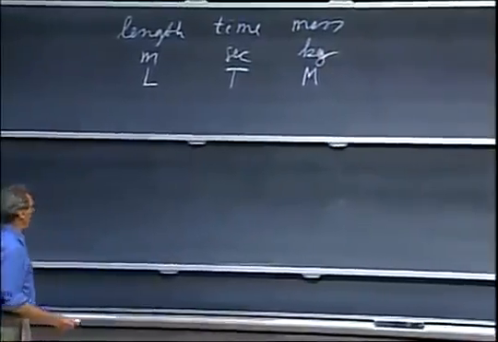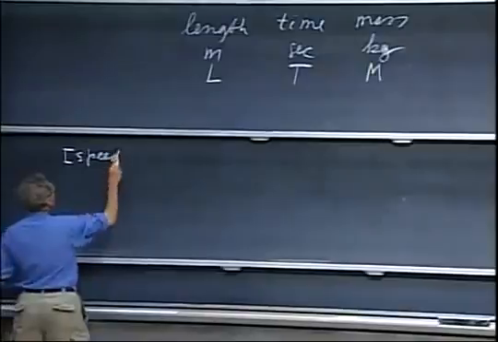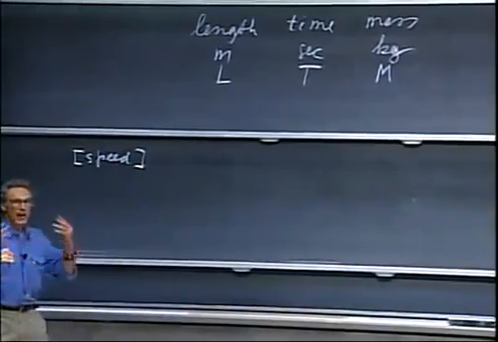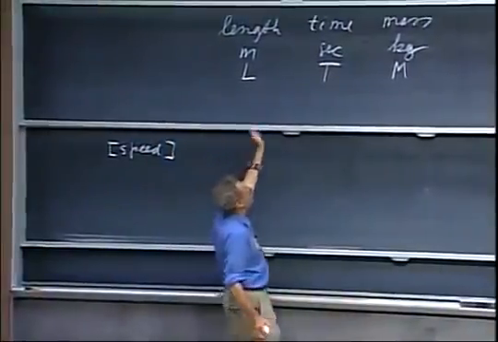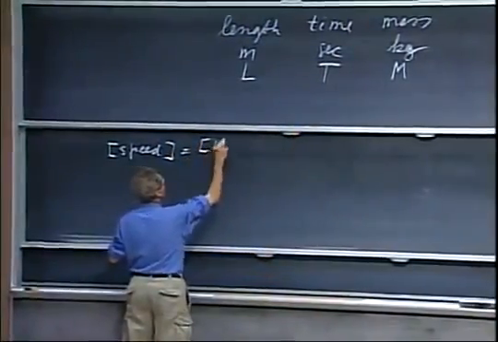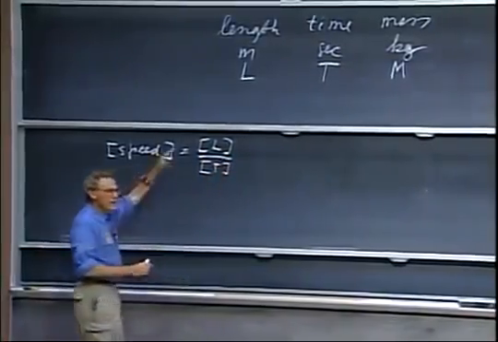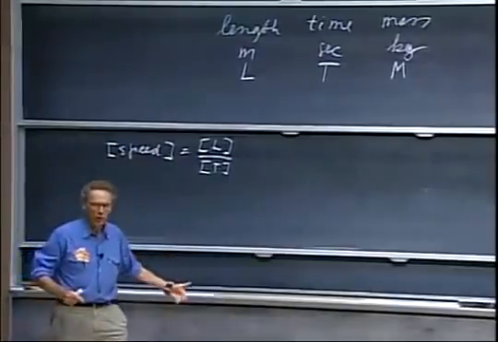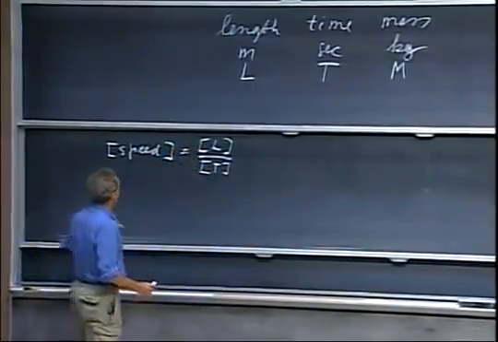I give you an example. I put a bracket around speed, and that means the dimensions of speed. The dimension of speed is the dimension of length divided by the dimension of time, so I can write L divided by T. Whether it's meters per second or inches per year, that's not what matters. It has the dimension length per time.